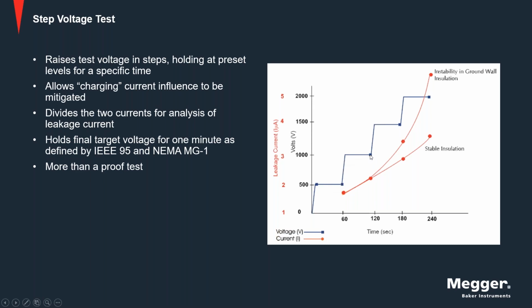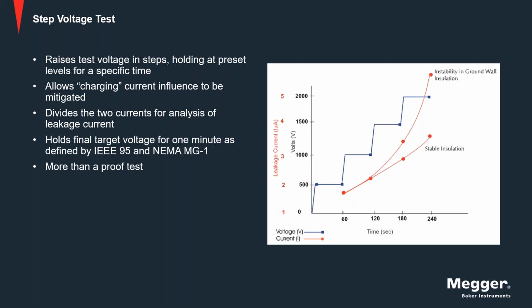Each step in voltage is the same step in voltage for each data point here. At the end of that 1 minute, we're going to see what our current is. We're going to calculate megohm, temperature correct it, and compare to our minimum value. So at each step, we're still looking at that minimum value.